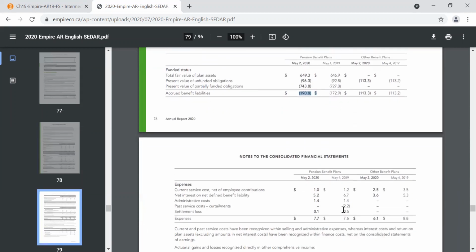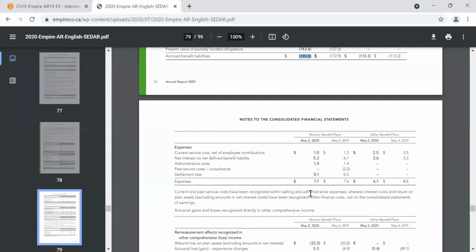And they also have pension expense. The detail, the amount we didn't see, is small, right? 7.7 for pension, 6.1 for other benefits. So it's 13.8 million. It's not material enough to be listed separately, so it must be included in some other expense.